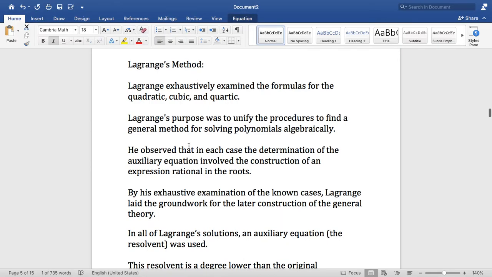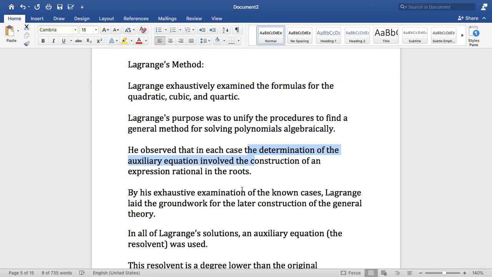What he determined is that in each case the determination of the solution involved an auxiliary equation, the construction of an expression rational in the roots. So you need to create an auxiliary equation which is of lower degree than the original.